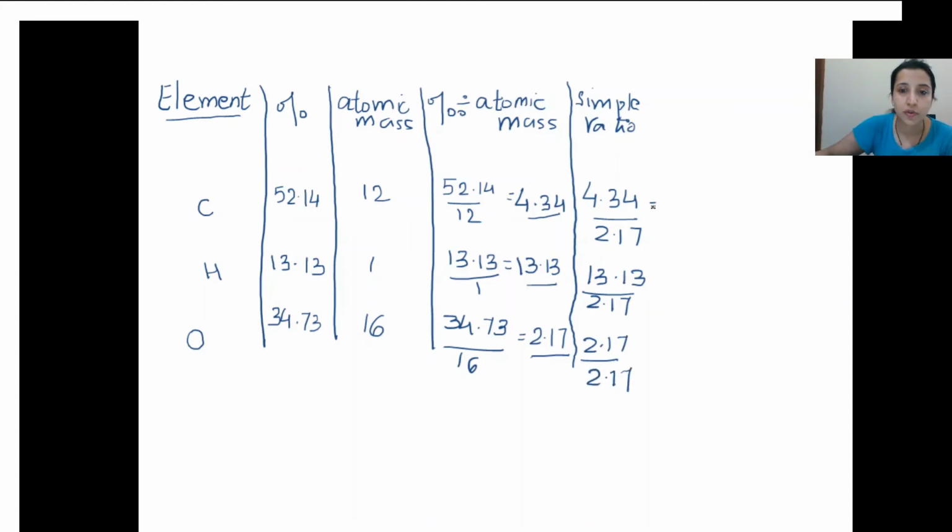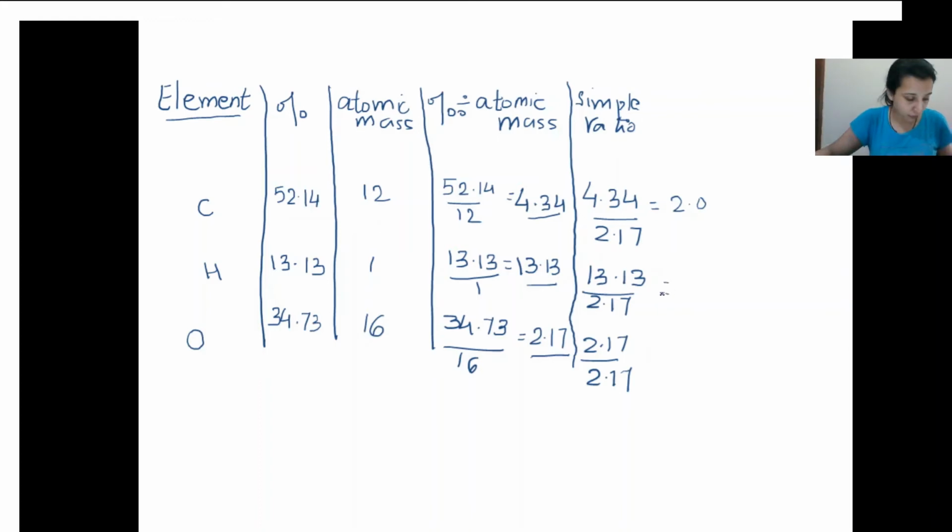So 4.34 divided by 2.17 comes out to be exactly 2.0, you can write it as 2.